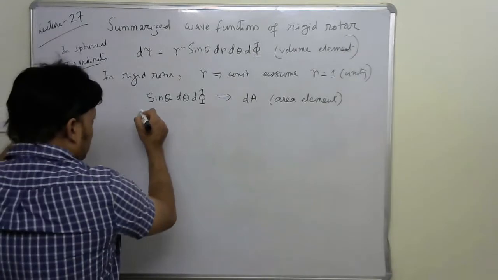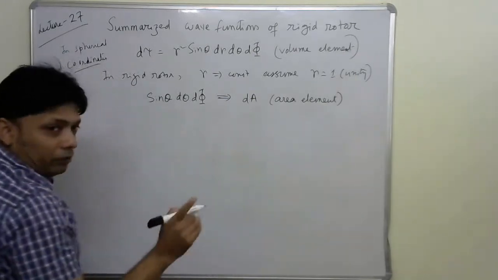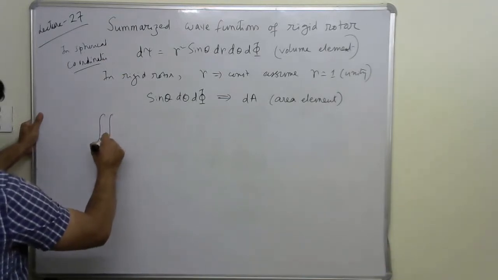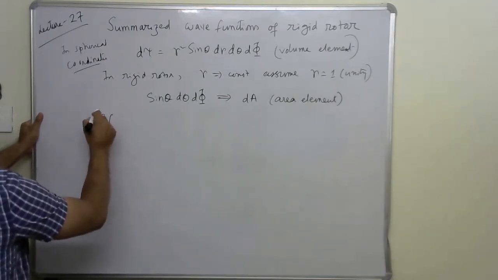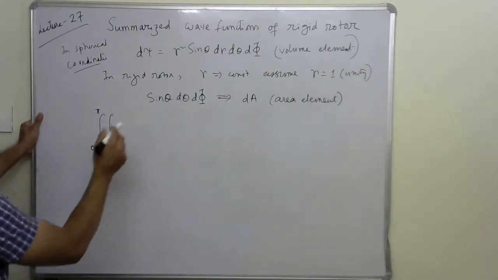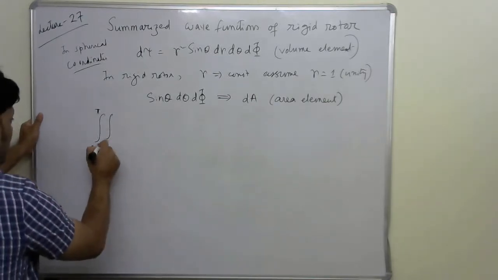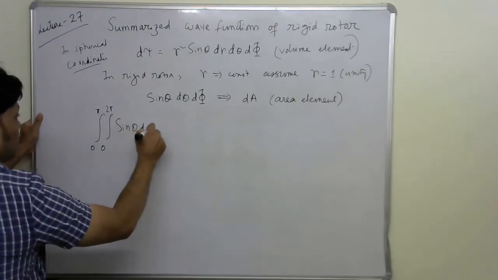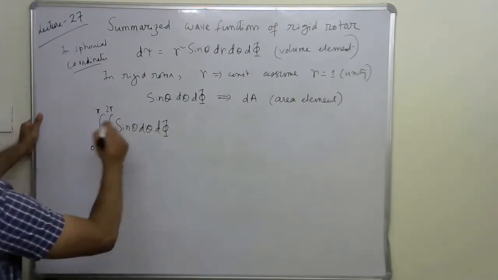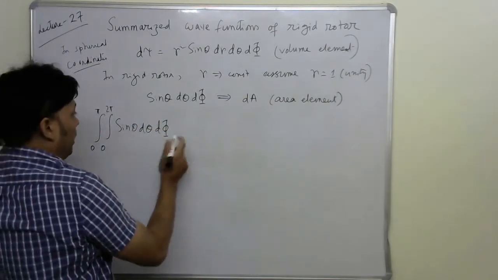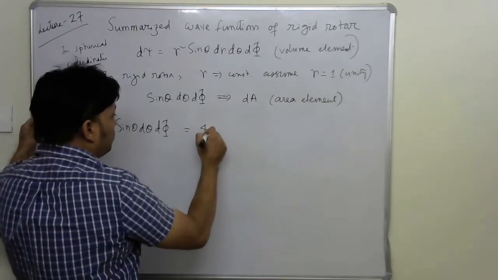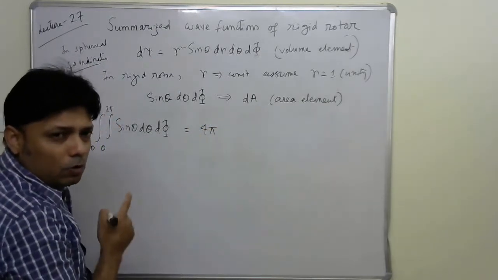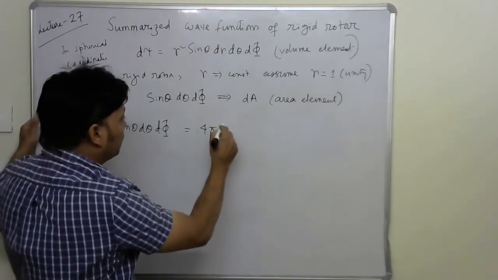So now we understand that this is called an area element. Now what if I take the whole integration between the limits, theta from 0 to pi and phi from 0 to 2 pi, over the area element? This would come to 4 pi. What is this 4 pi value?